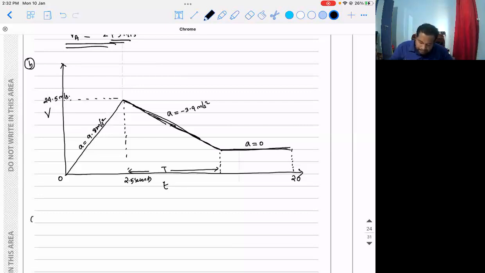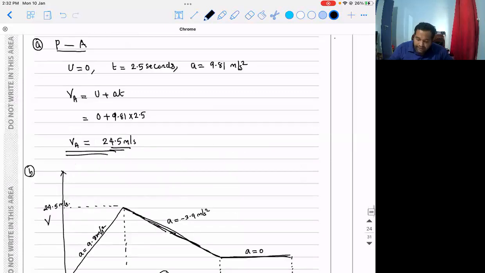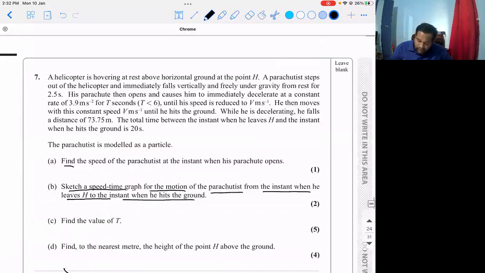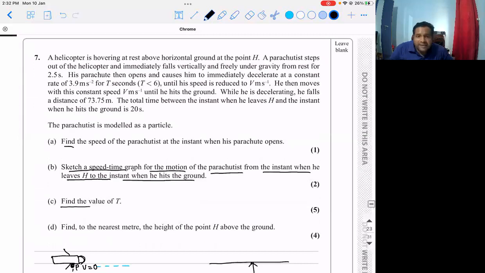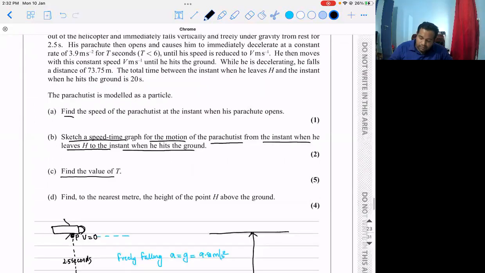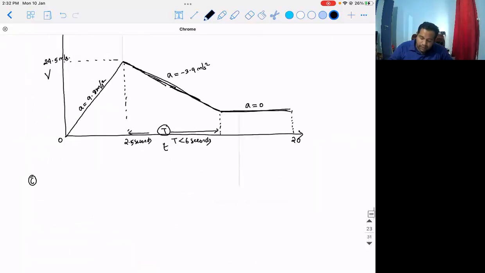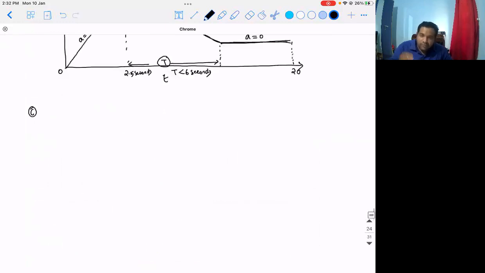Now move to the C part. It is given that this t is less than 6 seconds, right? So here we are in a position to find the value of t. How are we going to find it? First, identify which section this t belongs to.